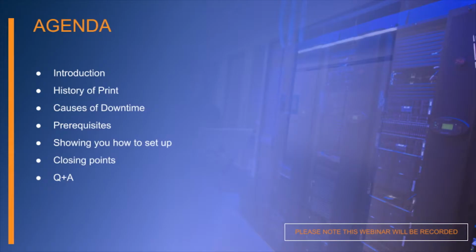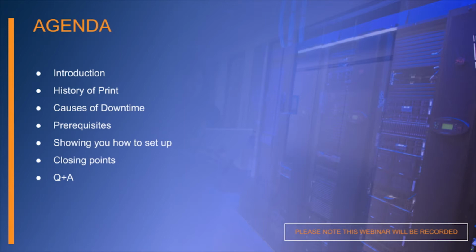So on the agenda for today, we've got a few things to talk about. We're going to go over a bit of a back history of print with Doc and look at how we've got to where we are today. We're going to talk about the challenges of high availability and what causes downtime. Downtime is something we talk about a lot in the load balancing space, but sometimes we forget we need to highlight what actually causes it.